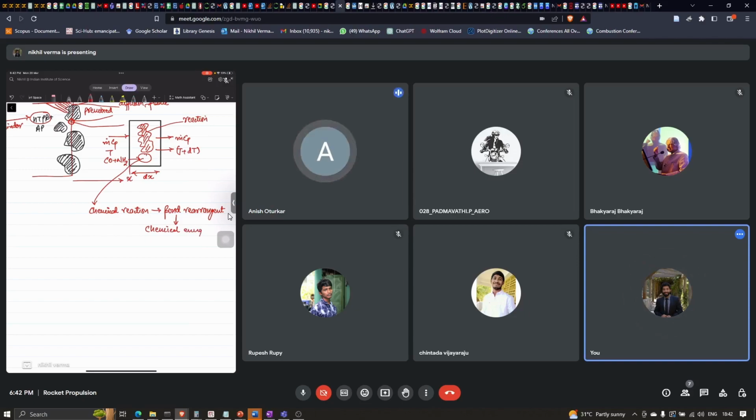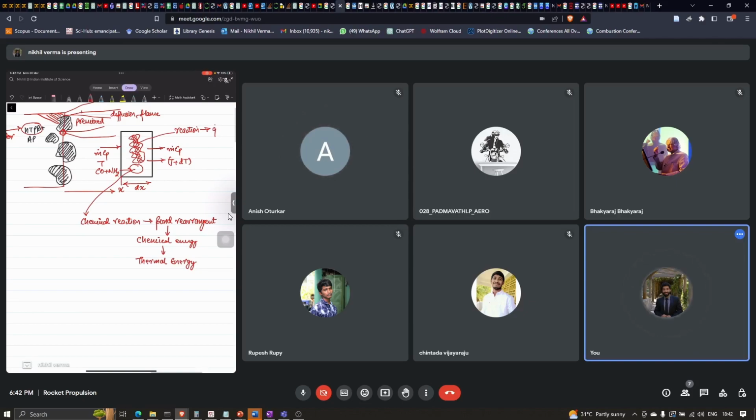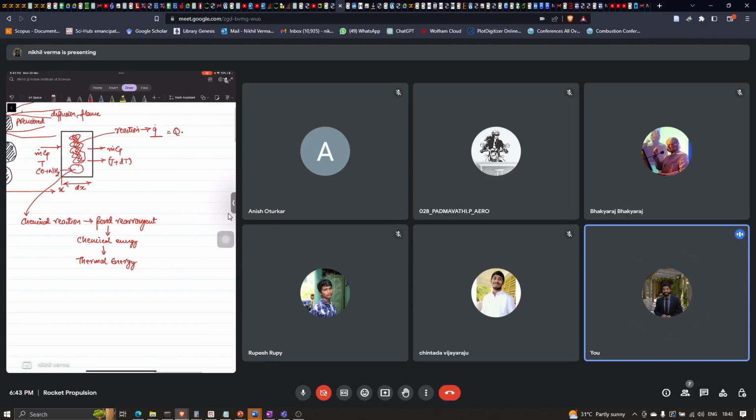And this chemical energy in turn increases the thermal energy, right? So in this part also we can have some chemical reaction, which can be quantified by q dot, per unit volume. This chemical energy released is q dot times the volume of this control volume.